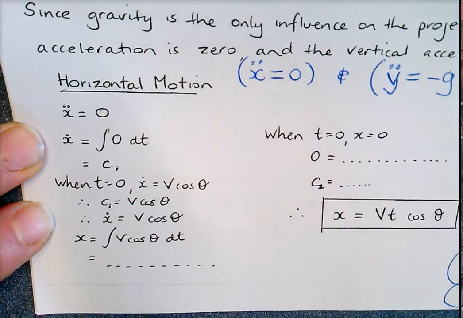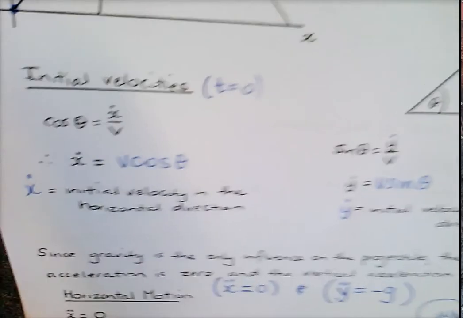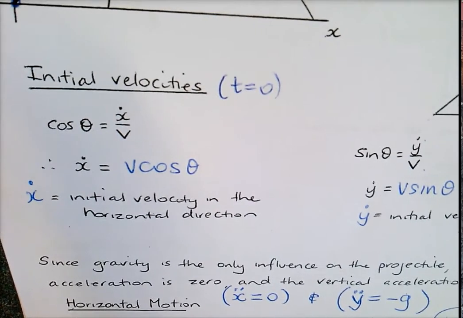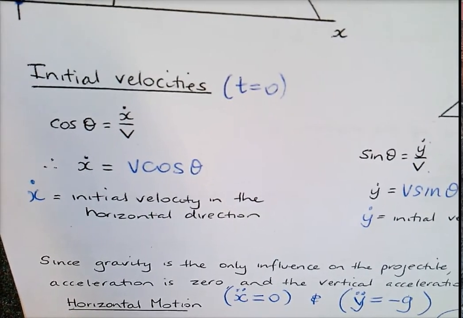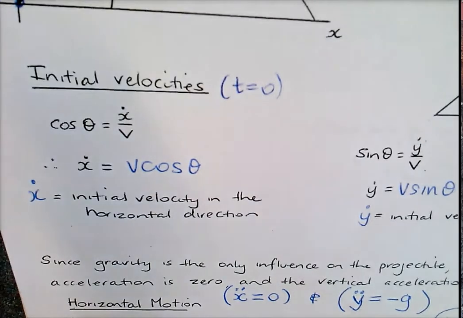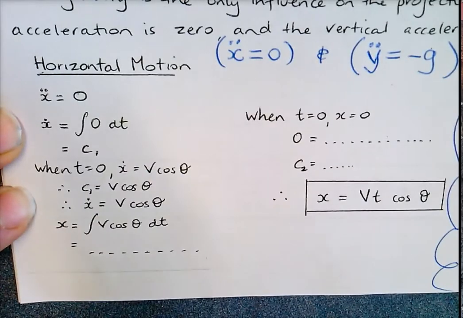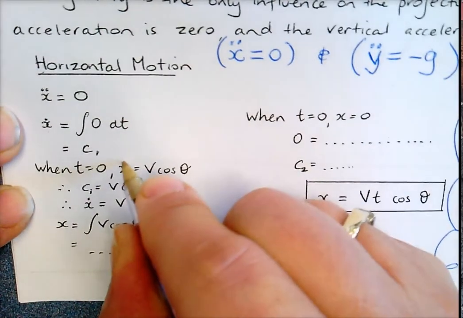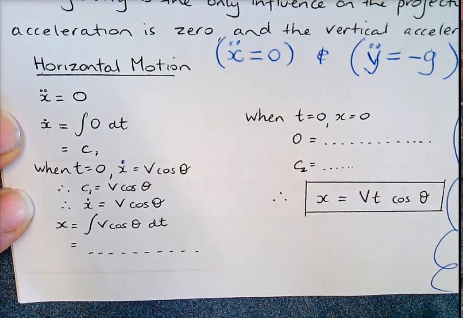Well, we know initially, when t is 0, the initial velocity in the horizontal direction is v cos theta. So we go, when t is 0, x dot equals v cos theta, from our right angle triangle.